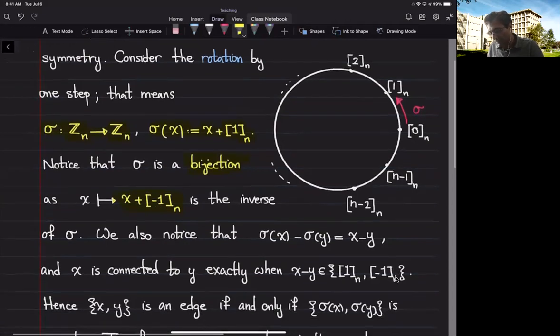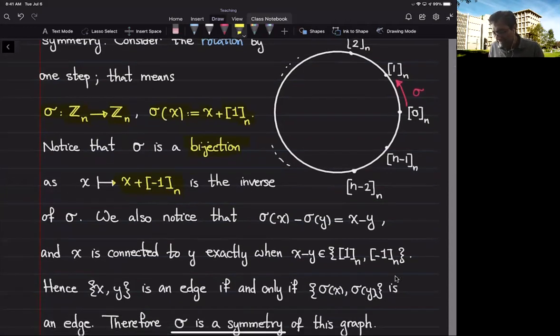Okay, so to make the argument precise and not just refer to the picture, notice that x is connected to y. So x and y, both of them are elements of the set of integers modulo n. Then x is connected to y precisely when their difference belongs to this set.